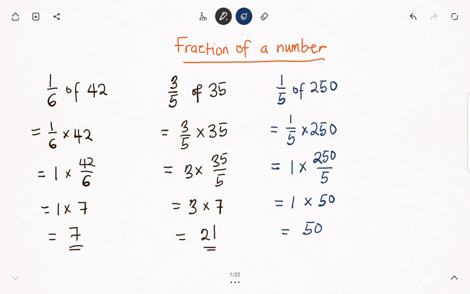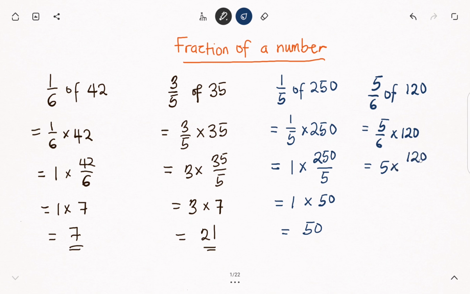So we have 5 over 6 of 120. All right, let's go ahead and solve this. So as usual, we rewrite this as 5 over 6 multiplied by 120. From here, we maintain the 5 and then we send the 6 under the 120.